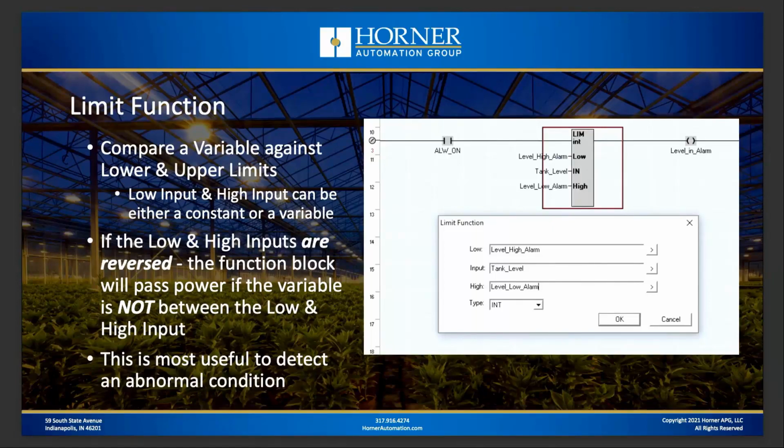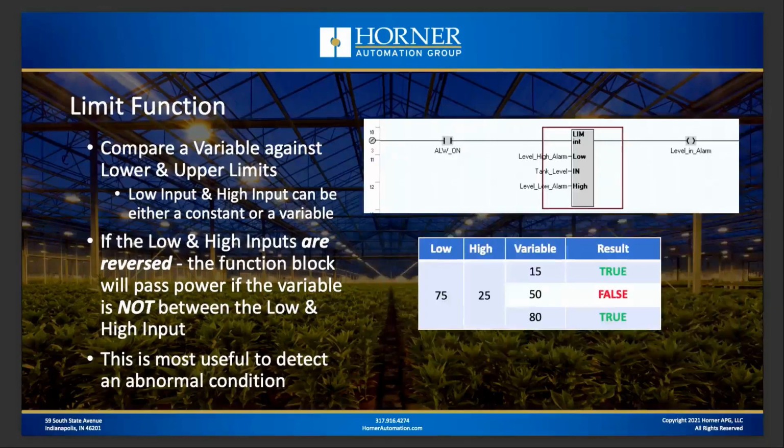In other words, the upper limit, put it as the low input. The lower limit, put it as the high input. And then when you do your variable comparison, if the value is not between those two limits, then the function block passes power flow. So once again, most useful for detecting an abnormal condition or an alarm condition, for instance.